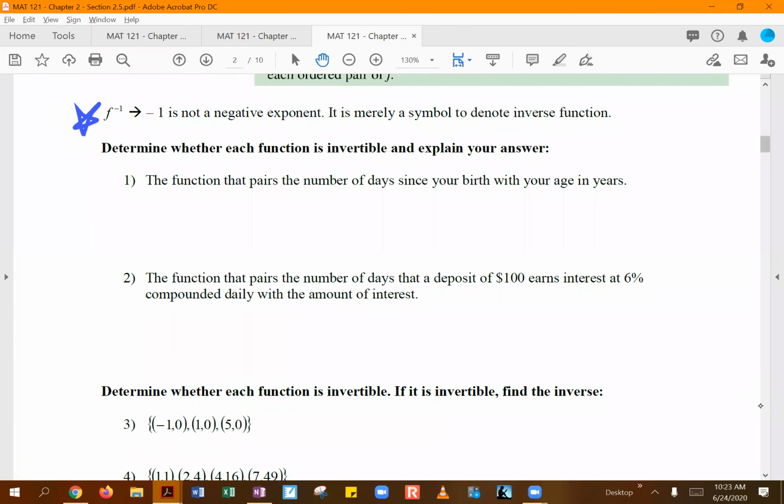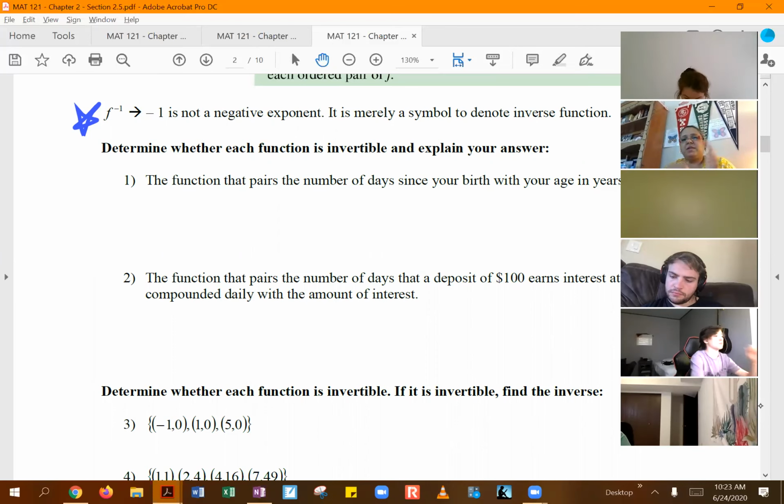So before we get into finding inverses, these first 2 examples here are asking, do you think you can find the inverse on these? Are these functions invertible, and why? The first one is a function that pairs the number of days since your birth with your age in years. So think about this.